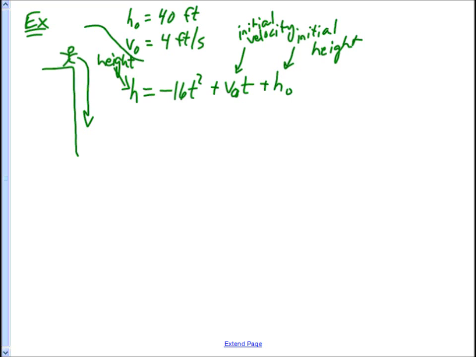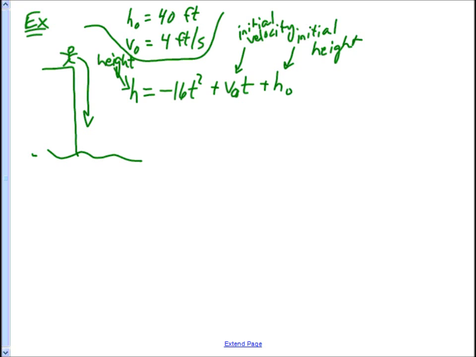Your time here is in seconds. Let's say after 1 second, you would be somewhere below 40 feet. You'd be closer to that water, wouldn't you?